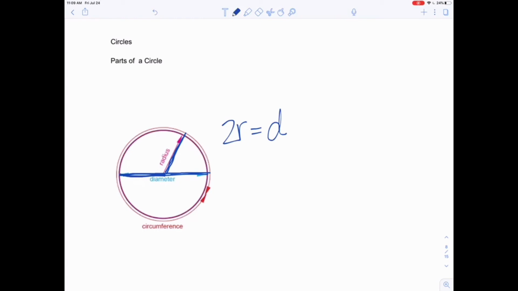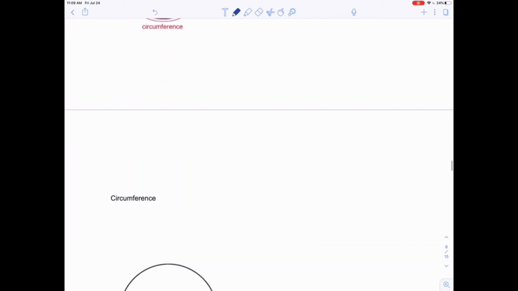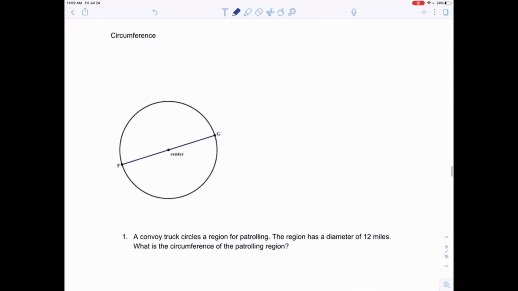All right, so let's take a look at some concepts here that are important. First, we need to know what the equation is for circumference. So circumference is 2 times pi times r.